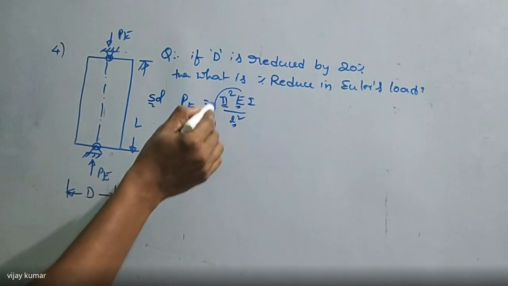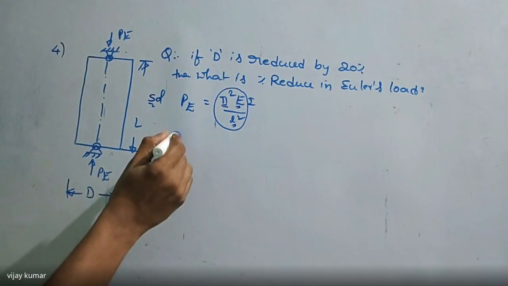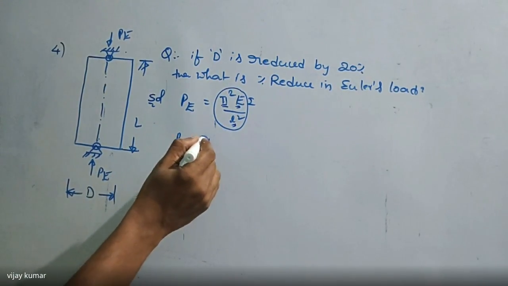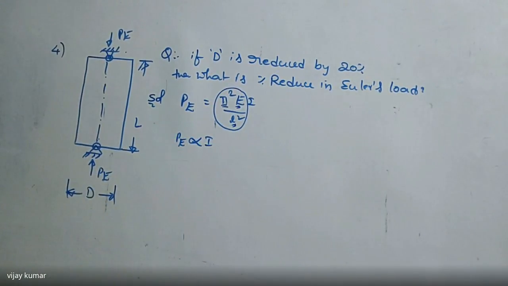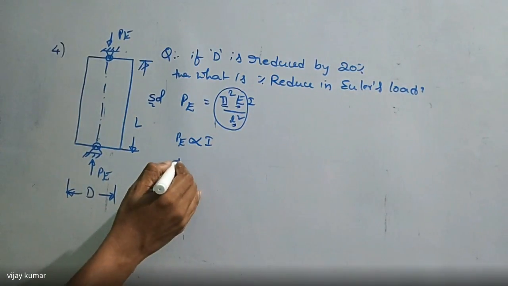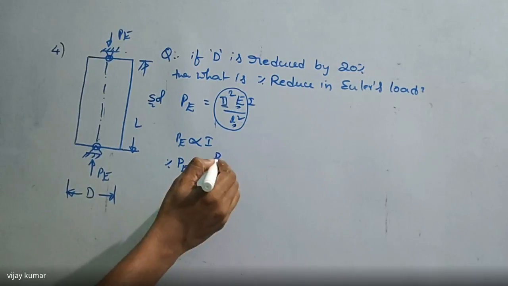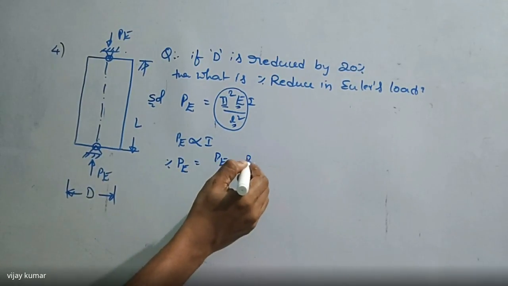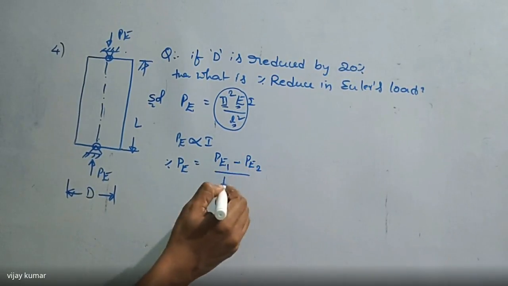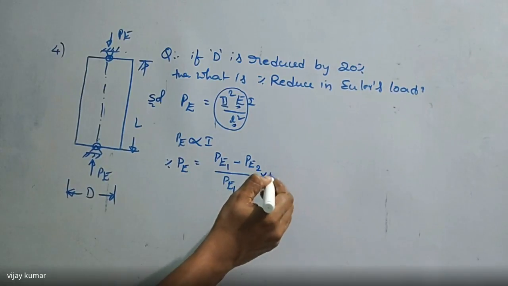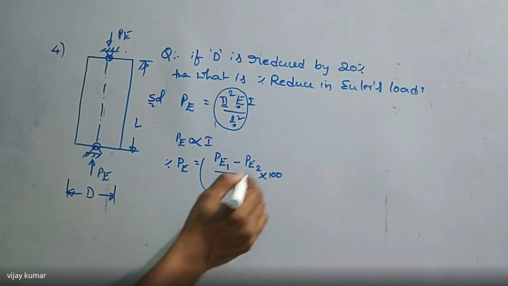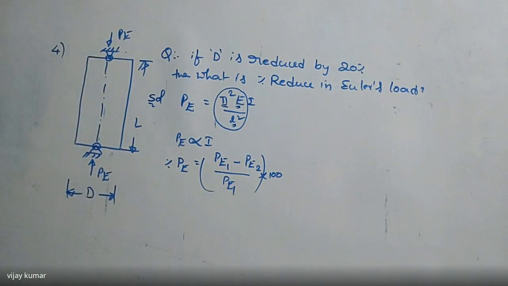So these three terms are the same now. So P is directly proportional to I. So the percentage of reduced Euler's load is equal to PE1 minus PE2 divided by PE1 into 100.